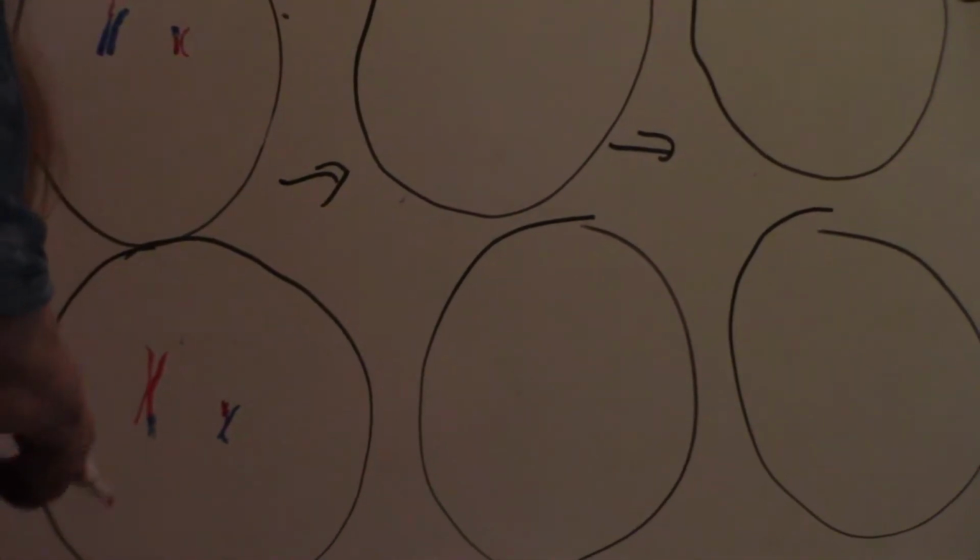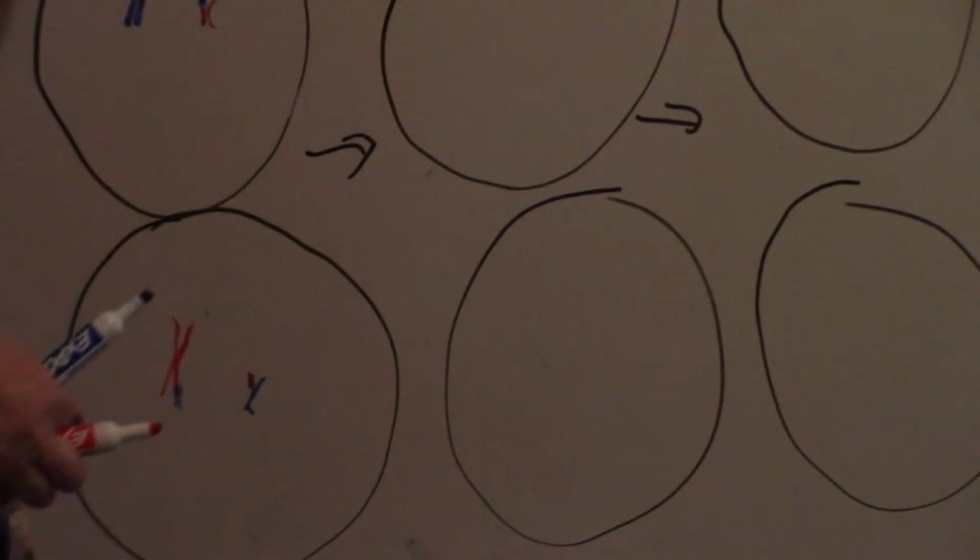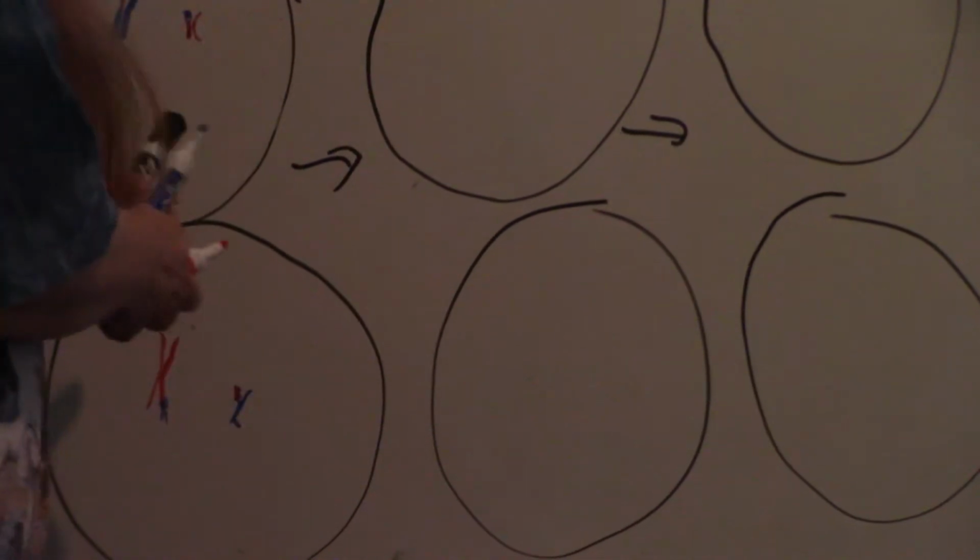Okay, so we have 2 cells now going through meiosis 2.